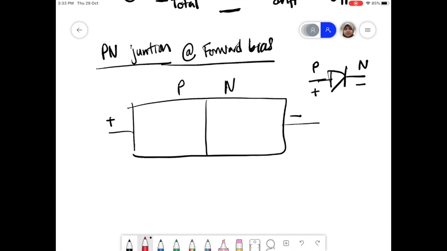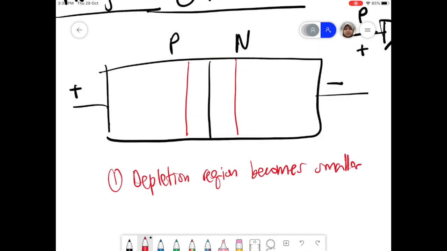Now, what happens is, remember at zero bias, you still have some depletion region. So when you forward bias the PN junction, the depletion region becomes smaller. Why? Because remember we have a lot of majority holes here, majority electrons here.